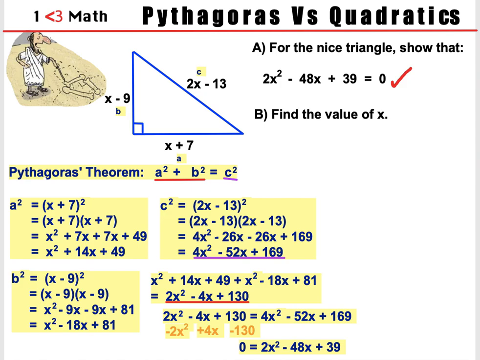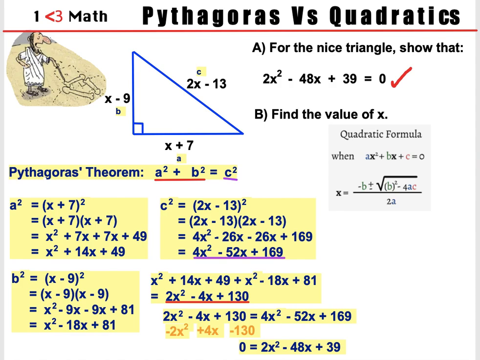Now, part B, we need to then solve this quadratic equation. Now, we can use the quadratic formula, x equals minus b plus or minus, because you have two solutions for a quadratic, the square root of b squared minus 4ac, divided by 2a. Now what we need to do with that is identify our a, b and c values.